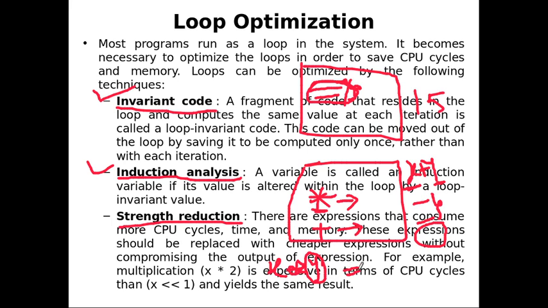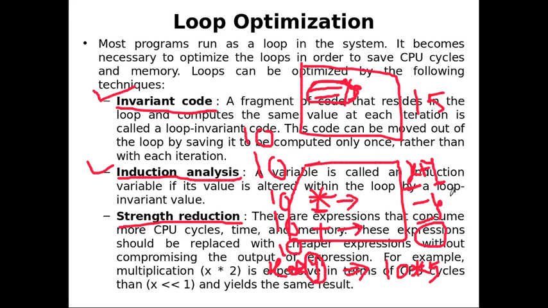For our convenience, I am using a numeric example like 10 into 5. What is the meaning? 10 added 5 times: 10, 10, 10, 10, 10. When you add 10 five times, only then do you get the 10 into 5 result.